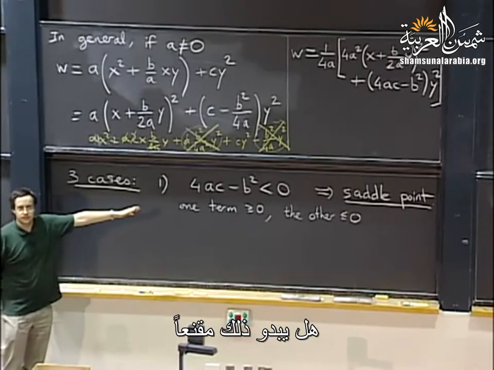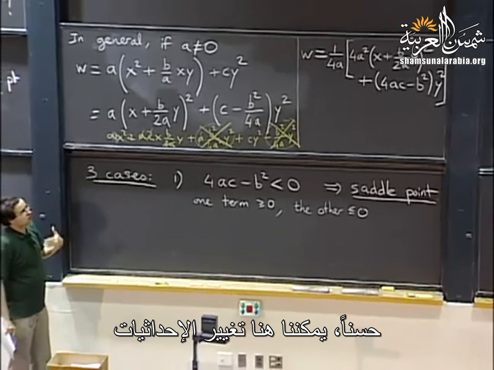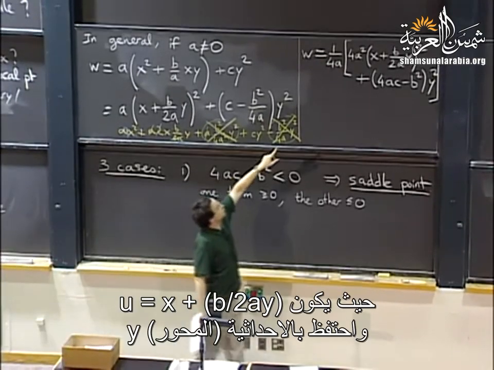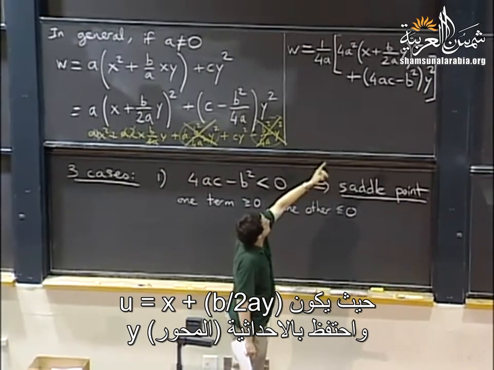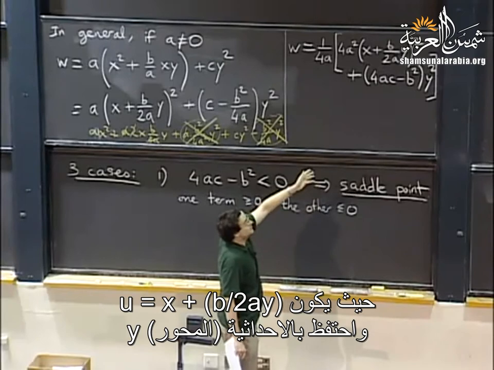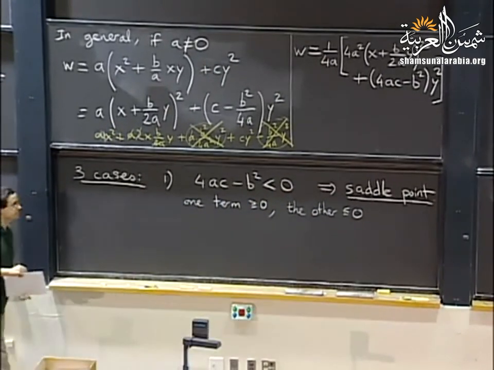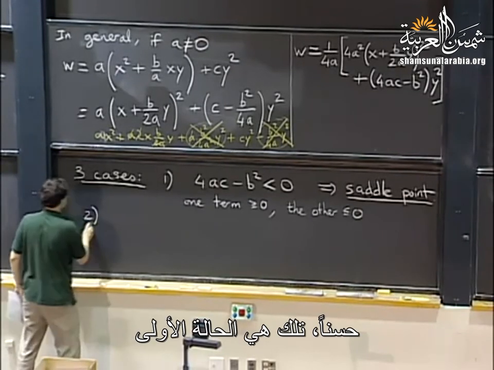Okay, is that convincing? If you want, I could change my coordinates, have new coordinates, u equals x plus b over 2ay, and I could keep y, and then it would look like a difference of squares directly. Okay, so that's the first case.